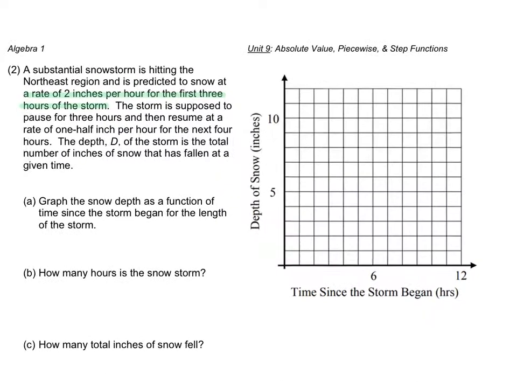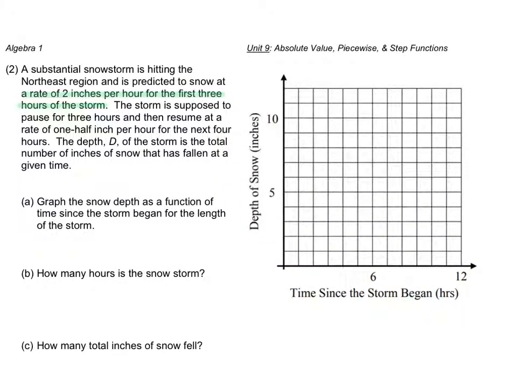All right, so we can kind of piece it together based on the information that they gave us. They're telling us a rate of 2 inches per hour for the first 3 hours. All right, so we'll do it by points. So we'll start it off. 2 inches per hour for the first 3 hours of the storm.